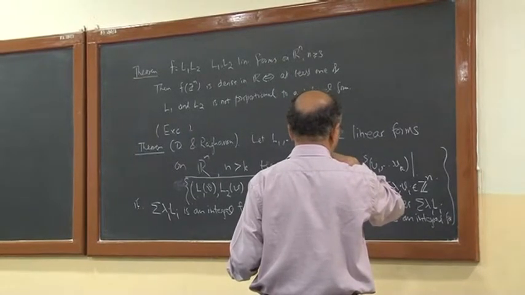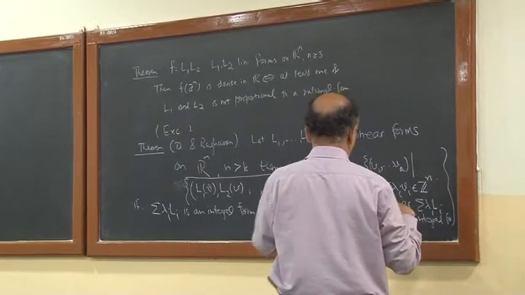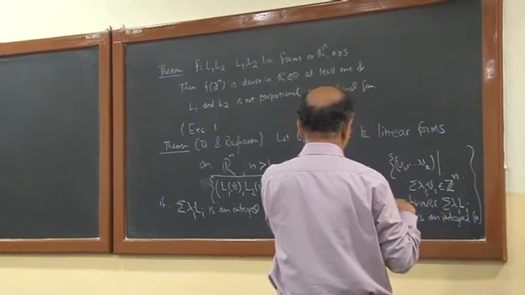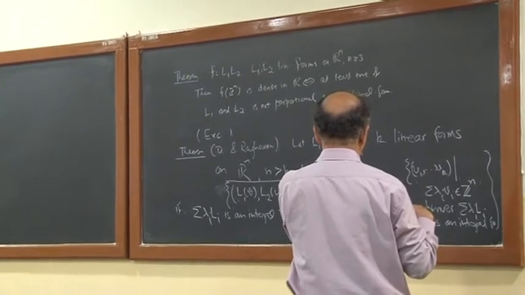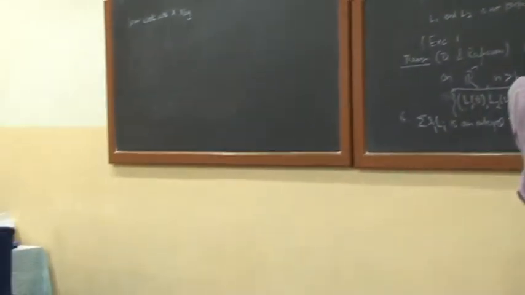Then what does it mean that summation lambda_i v_i is in Z^n? It should be Z, not Z^n. That's right, just erase the n.